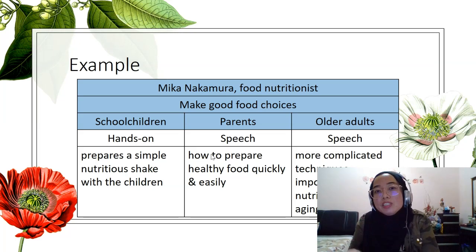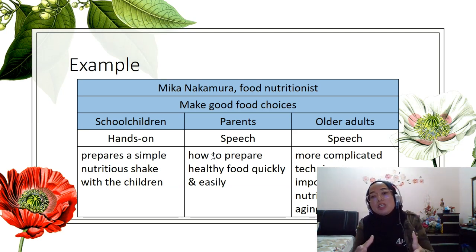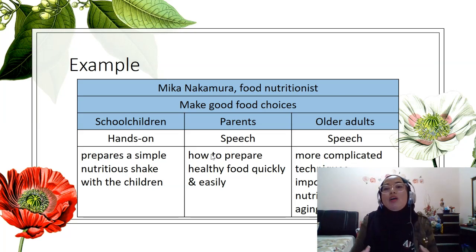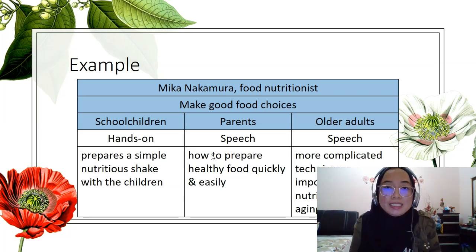Whereas when giving a speech to older adults, these adults have more knowledge about preparing food, so Mika may tailor her speech by concentrating on more complicated techniques.